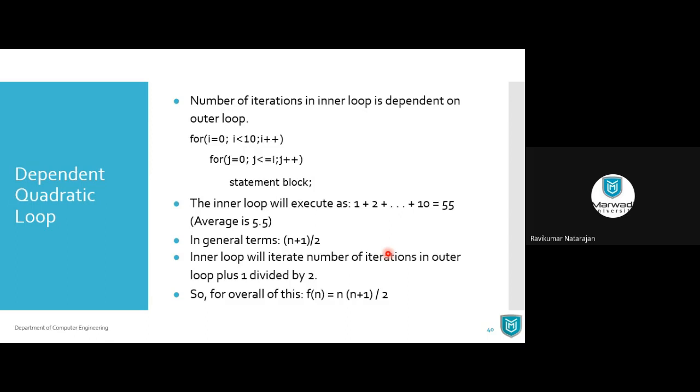And how many times does it execute? 10 times. And then what will be the average if it is executing 10 times? But what I have done here, the inner loop will be executed as what?